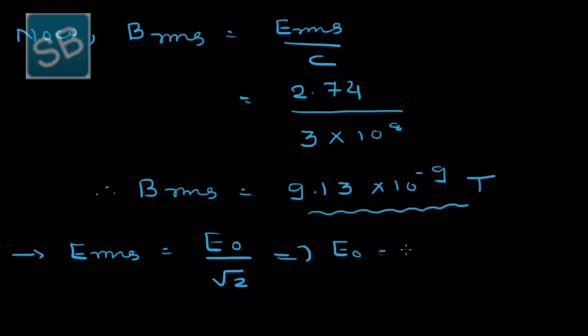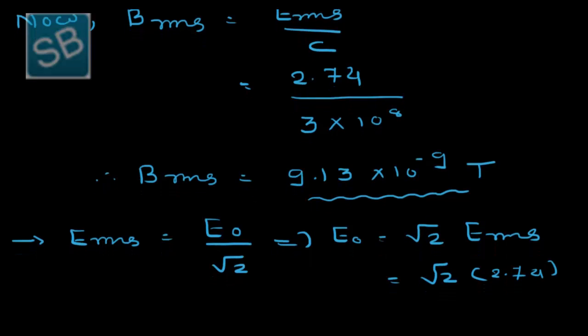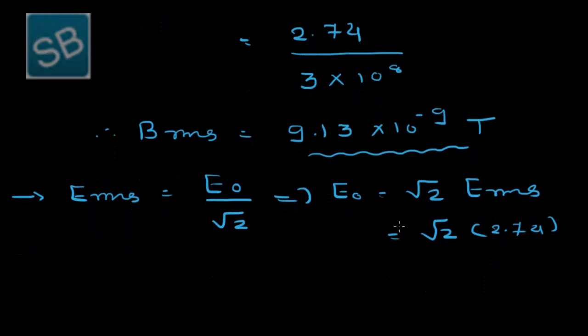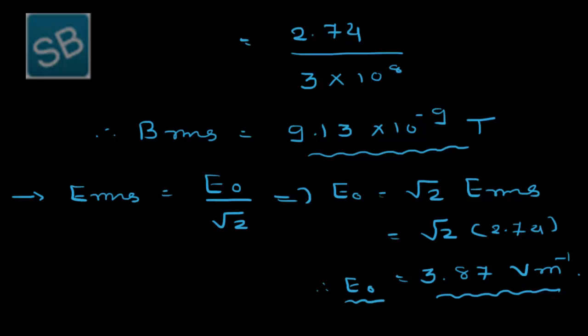So E0 is equal to under root 2 E RMS, that is equal to under root 2 of 2.74, which is equal to 3.87 volt per meter. Therefore, E0 is equal to this much.